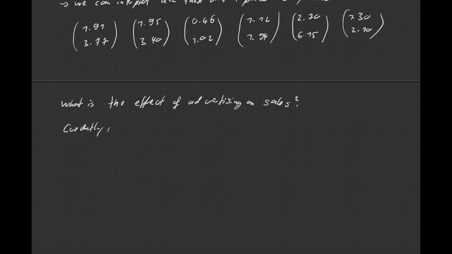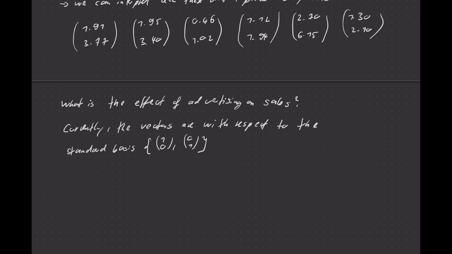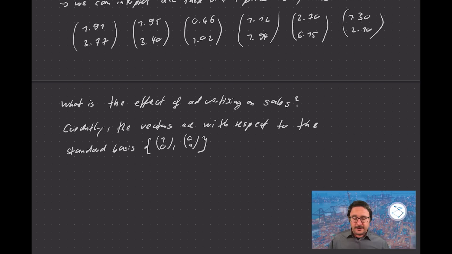Currently, the vectors are with respect to the standard basis. Now the standard basis is just (1, 0), (0, 1), the unit vectors. The question is, is there a basis that kind of isolates this effect better?